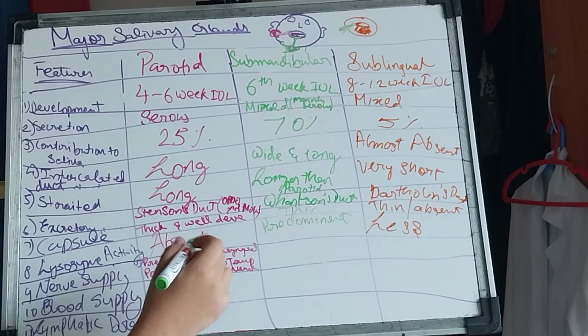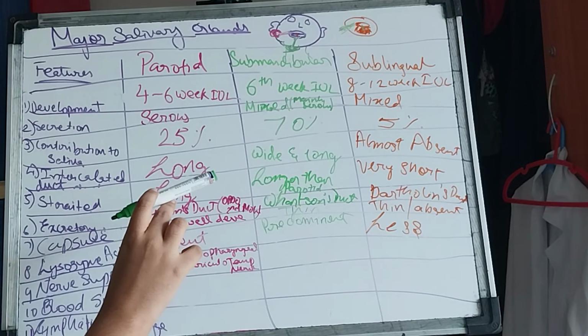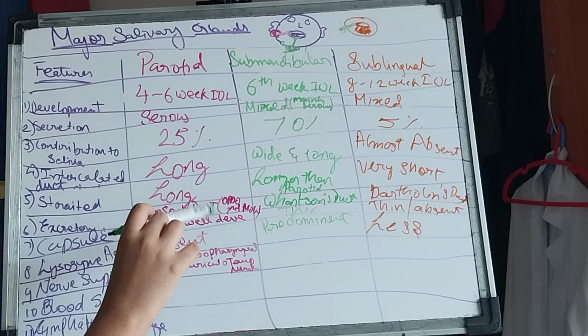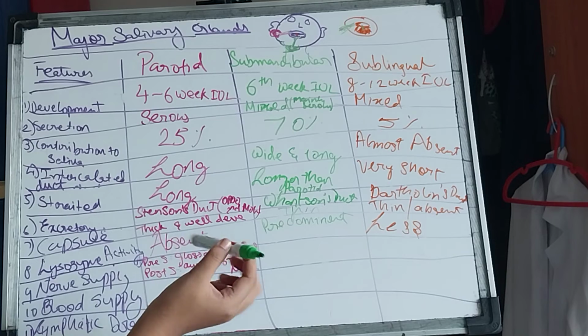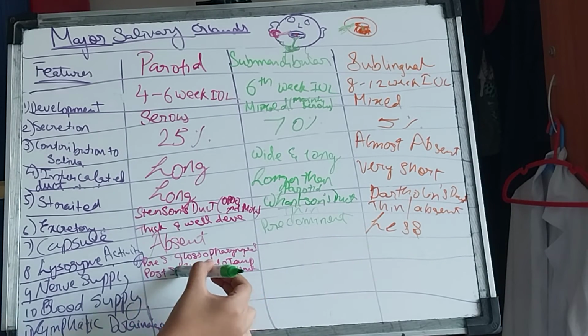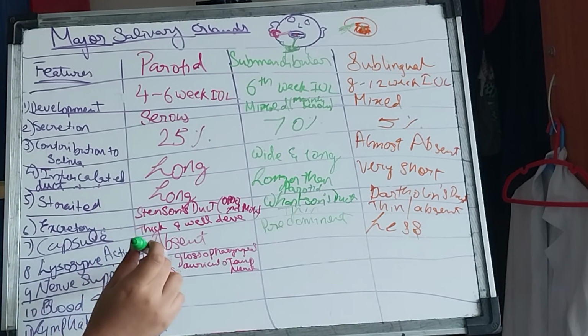Then the postsynaptic, the auriculotemporal nerve, right? Those fibers come out from the otic ganglion, and through the auriculotemporal nerve it innervates the parotid gland. This was the pathway for this.